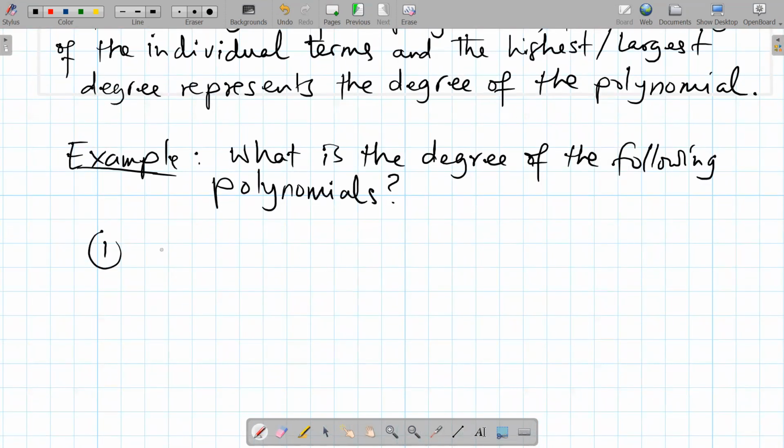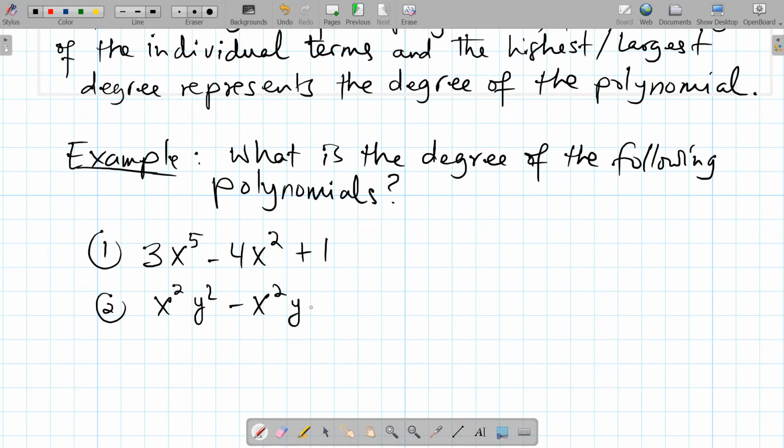First one, I have 3x to the 5th power minus 4x squared plus 1. Second one is x squared y squared minus x squared y plus x squared plus xy.